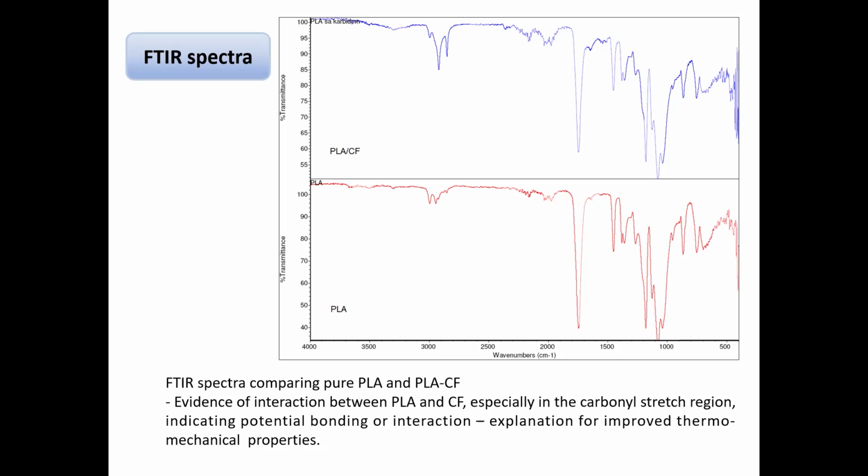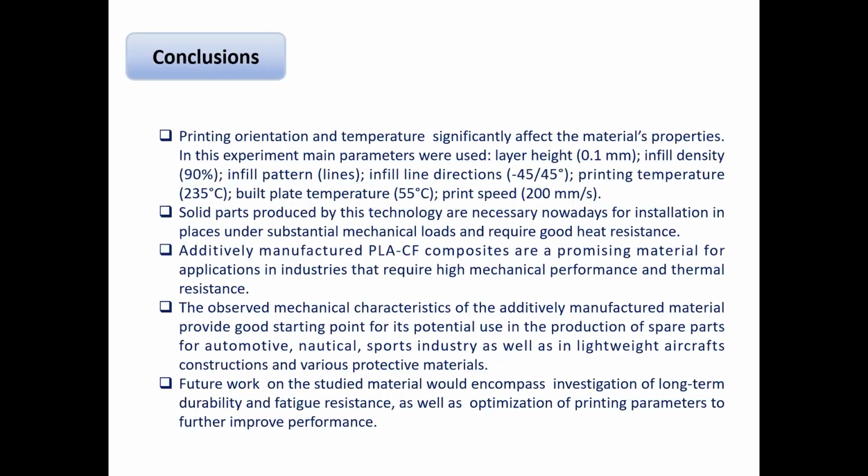Many literature sources talk about 15, 30, or 45% of carbon fiber particles in PLA. In this region, the carbon spectrum indicates potential bonding or interaction, and this is why carbon fiber in this combination with PLA is important.